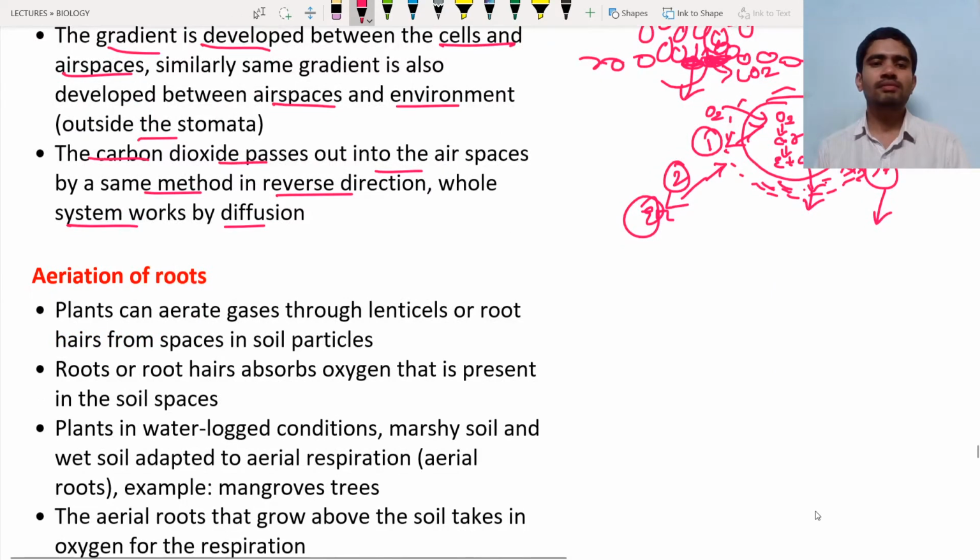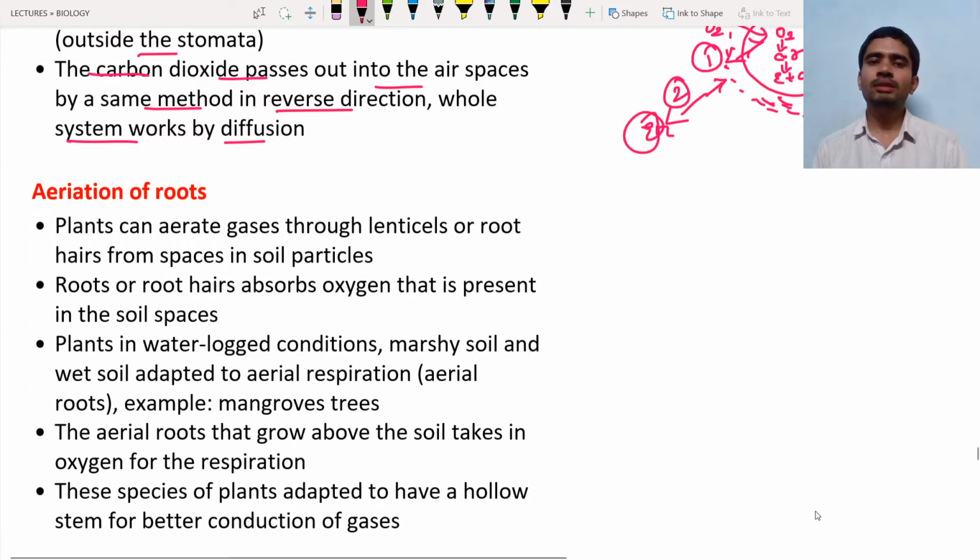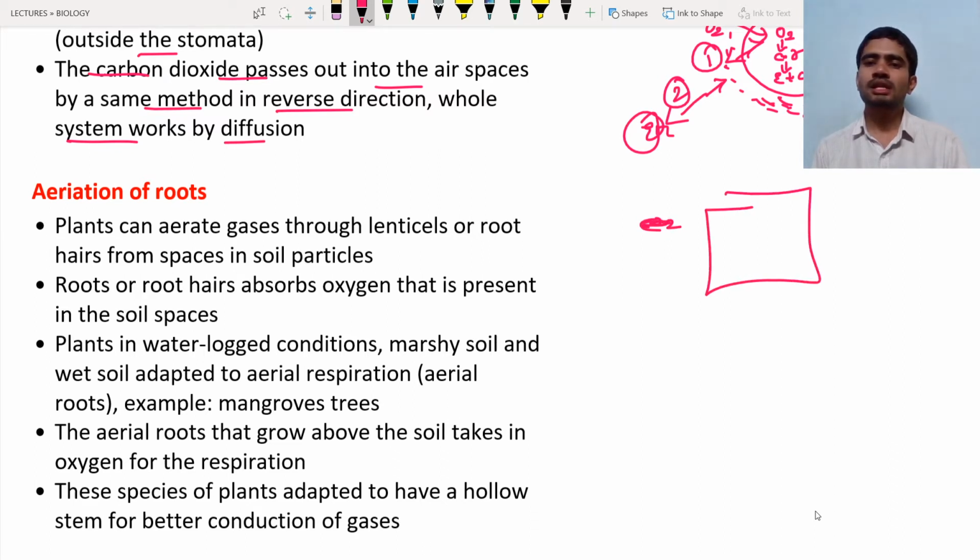So what is meant by diffusion? Diffusion depends on concentration. Let us take an example: this is a room, and we release a scent at one corner of the room. After some time the scent molecules are going to get dispersed all over the room.